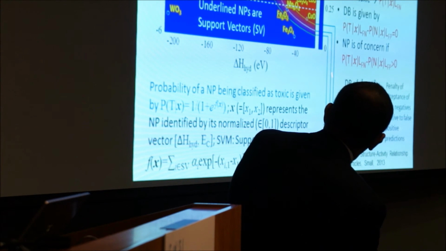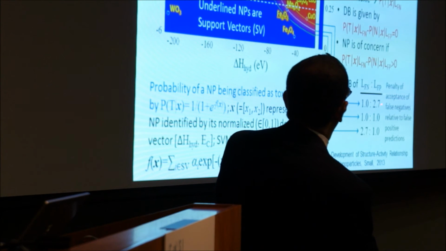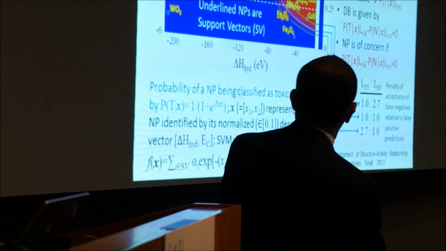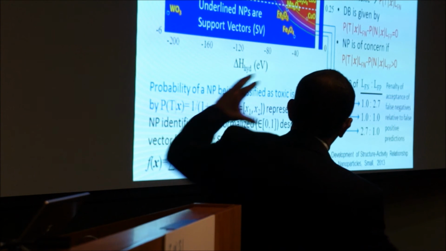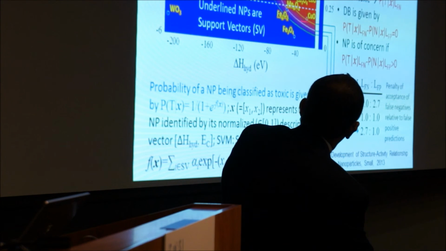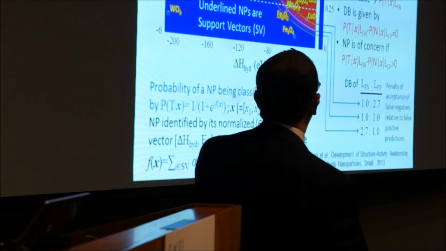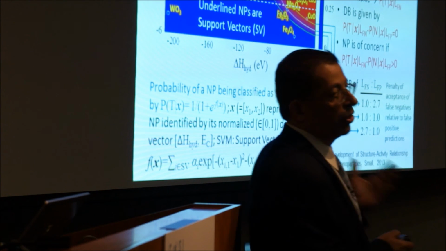On the other hand, if you say, I am not willing to do that, but I want to increase the penalty one would pay if we classify materials as false positive, then you shrink this area in here, and you avoid declaring materials that would be declared as false positives.